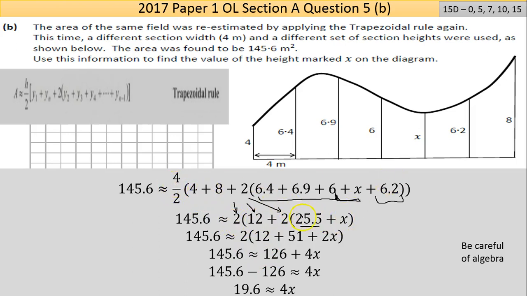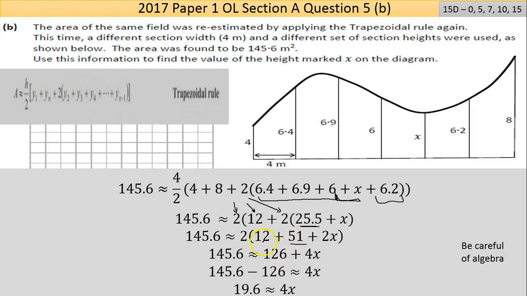Now I come along and go, well, let's remove brackets, so I'll remove the internal brackets here first. So 2 times 25.5 is the 51. The next step, I'm going to multiply 2 all the way into that bracket. So 2 times 12 is 24, plus 2 times 51 is 102. 24 plus 102 is 126.